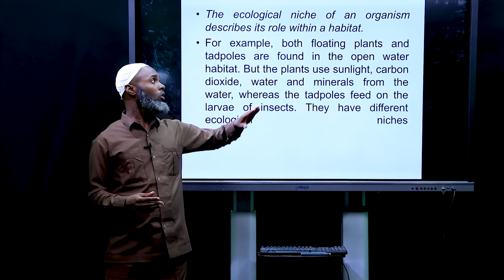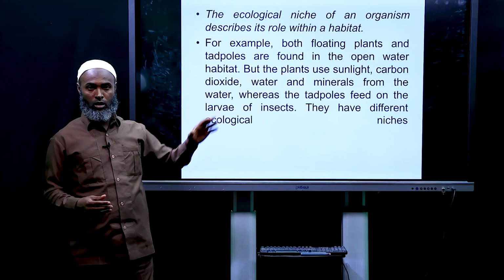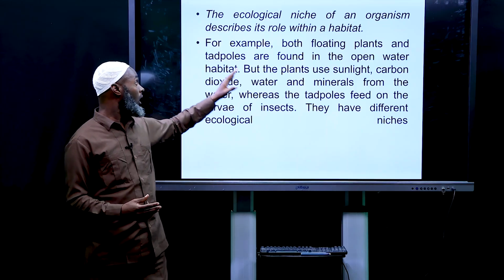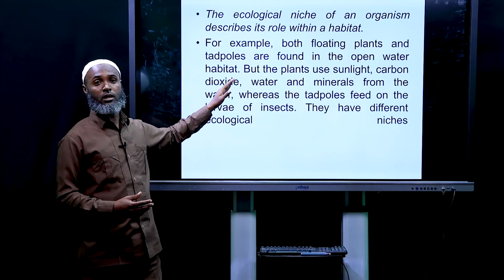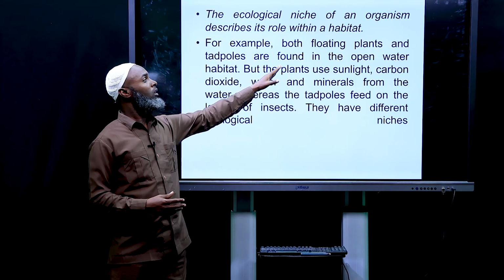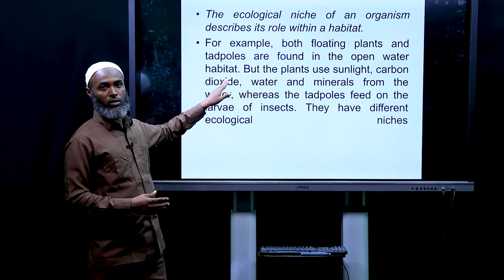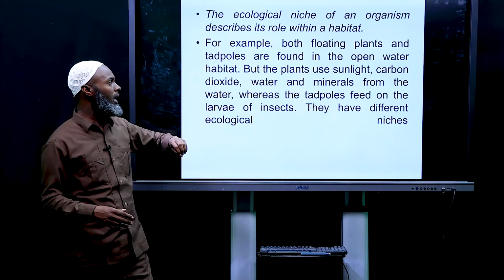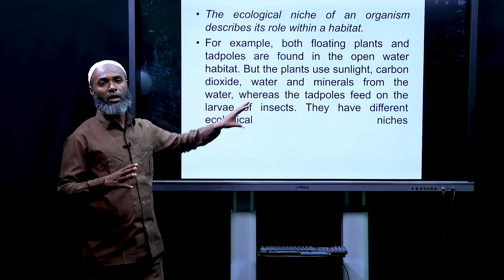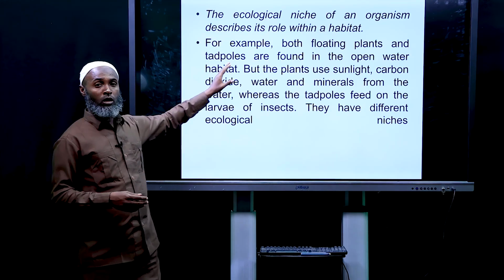The ecological niche of an organism describes its role within the habitat. We have seen this in the definitions of terms that are very important in our discussion, and let's have an example of ecological niche. Both floating plants and tadpoles are found in the open water habitat, and they are different populations.